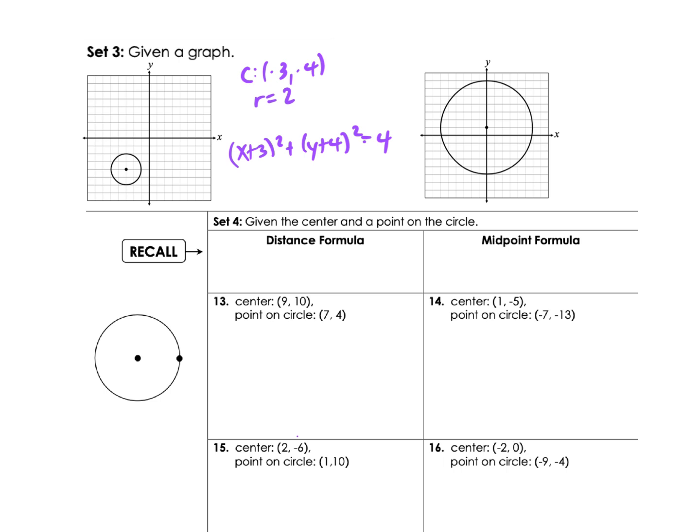Distance and midpoint. I'm going to give you distance. Midpoint you still have to know how to use. I'm going to show you an alternate way to use distance. I think you'll like it better. It actually is the same formula, it just will probably make a little more sense.